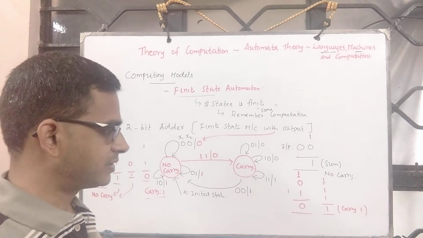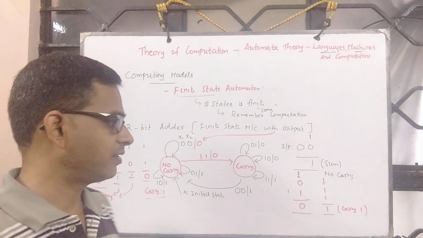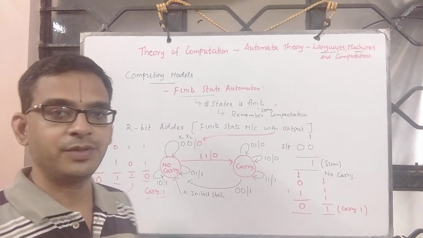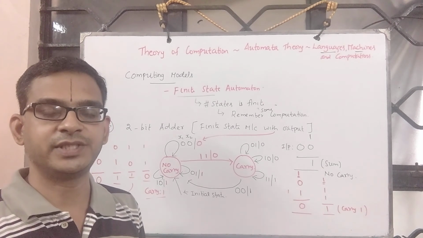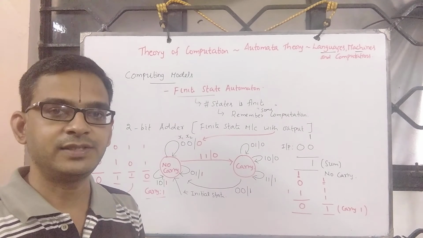So with this framework, let's formally define finite state machines, and then we will talk about their computing power, what languages these machines can accept. Then we will talk about their limitations.